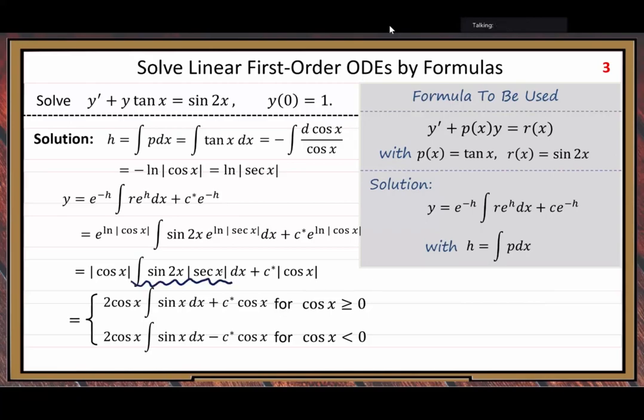When you say cosine of x is non-negative or negative, can you describe it with more information?